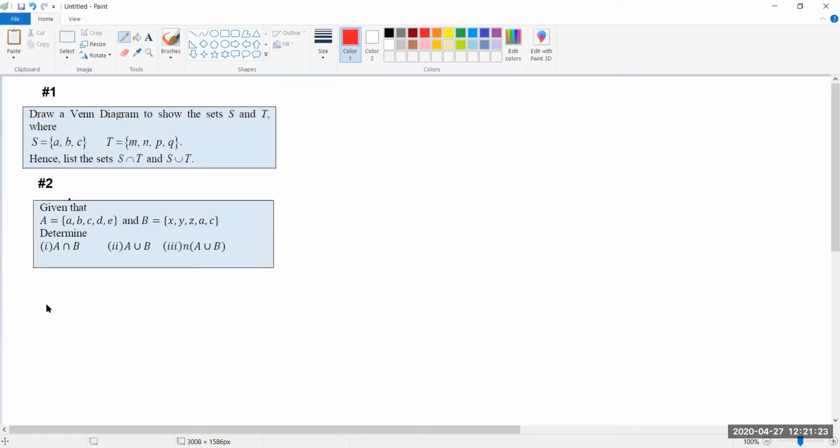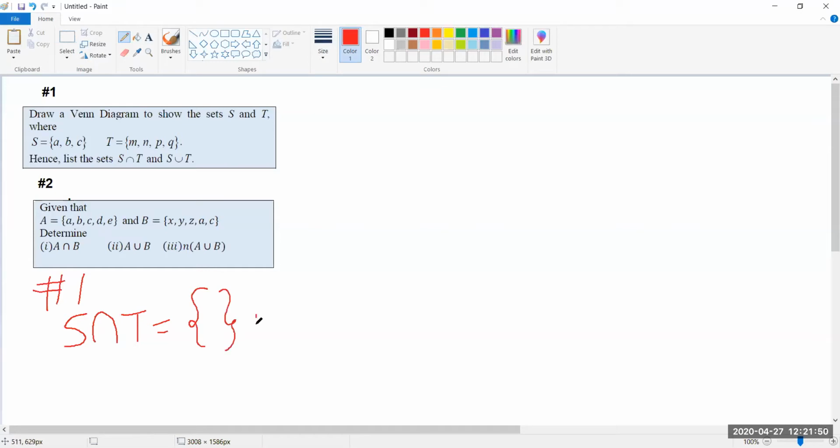So let's look at number 1. Let's do the intersection first. So S intersect T. Are there anything in common there? Do we have anything in common? No. Right. So this is represented by a pair of curly brackets.